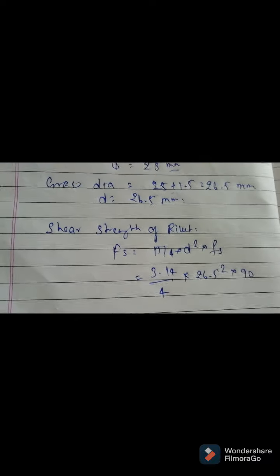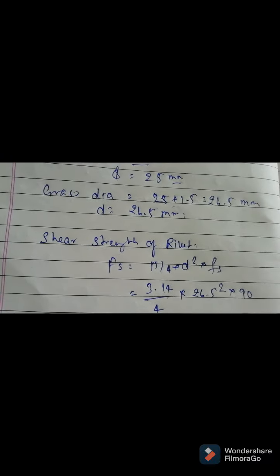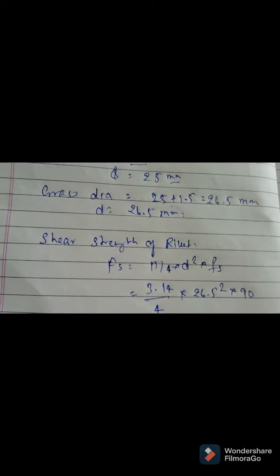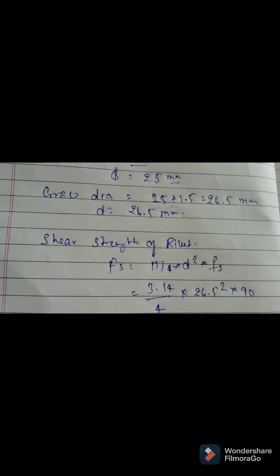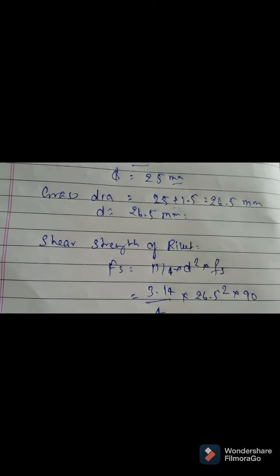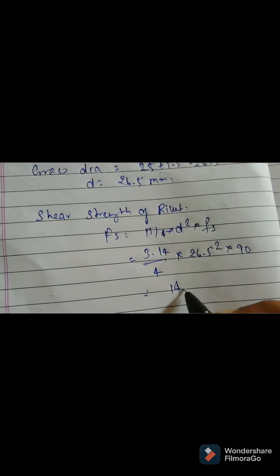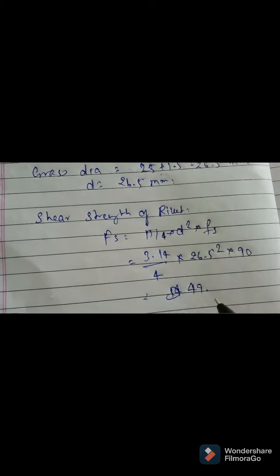If you calculate 3.14 multiplied by 26.5 square into 90 by 4, you have the value equal to 49.61 kilonewton.